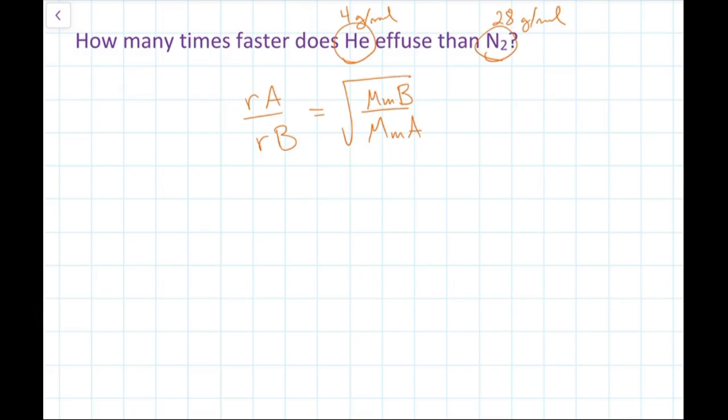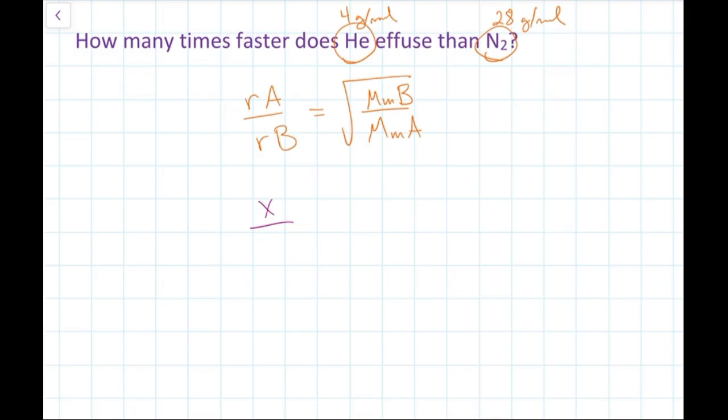And that unknown rate, probably the easiest way to do it is to think of the slower, bigger gas. We're going to assign a rate of 1. And it doesn't matter which one we make A and which one we make B, but mathematically it's maybe a little bit faster to have the unknown, we'll call it X, on top over here on the left.